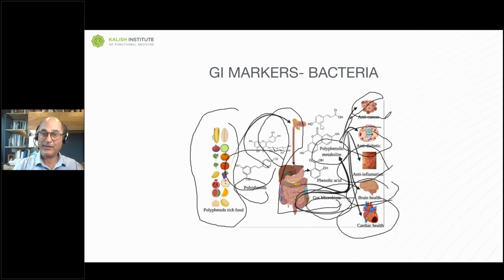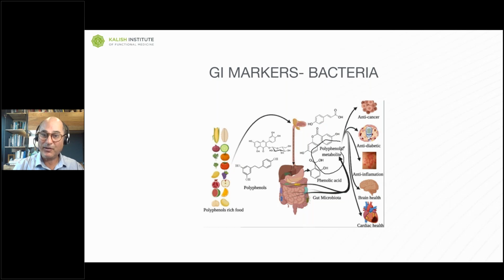That's what we're measuring on the test. We're measuring polyphenol metabolites. If they're extra high, it's bad because it means you have dysbiosis. But they're not dysbiosis markers, they're polyphenol markers.